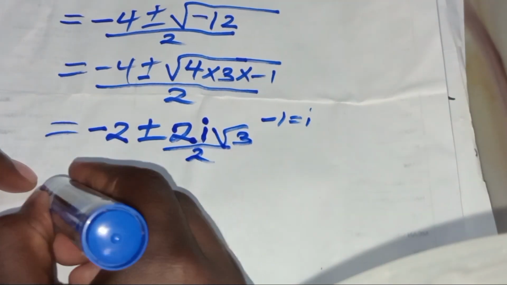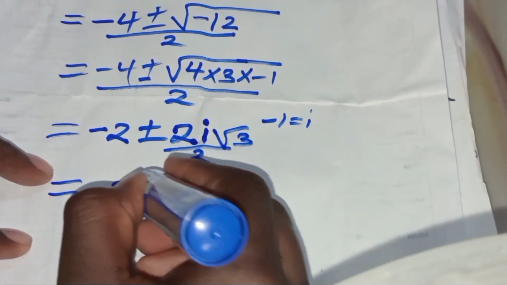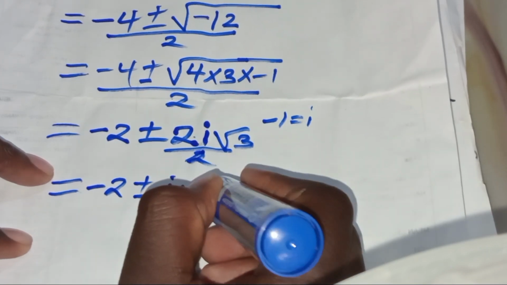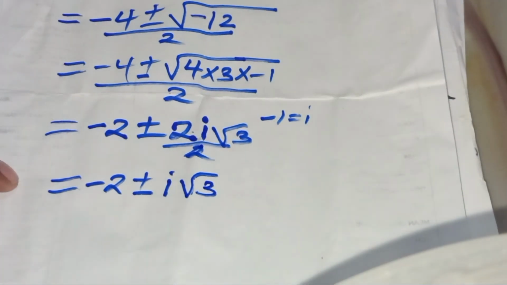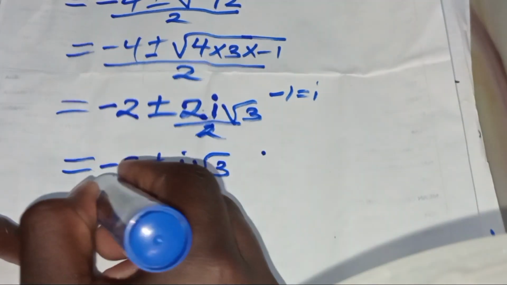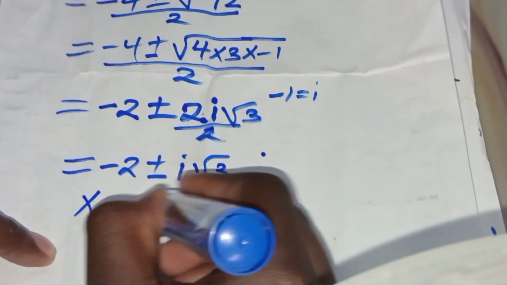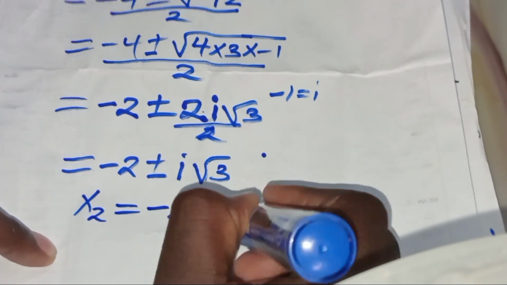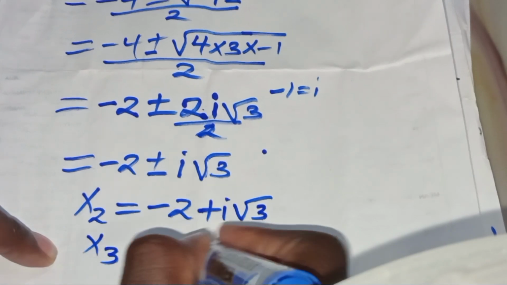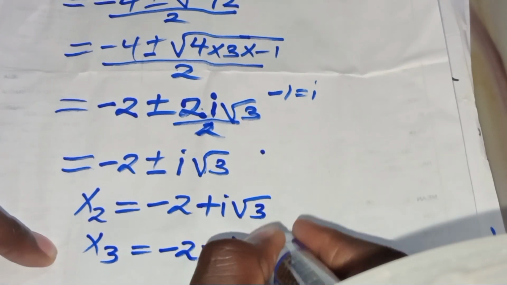So in this case, we'll have -2 ± i sqrt(3). So here we have two complex numbers actually. That is x2 is equal to -2 + i sqrt(3), and x3 is -2 - i sqrt(3).